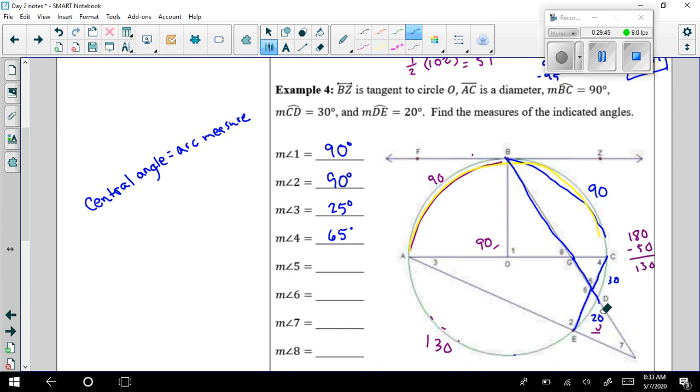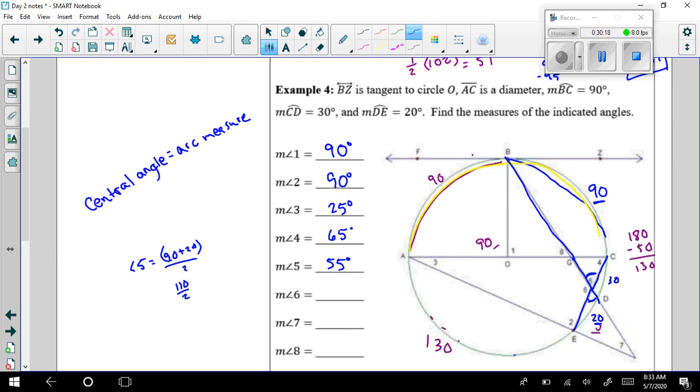And so remember, if it's inside, you take this one plus this one and divide it by 2. So for angle 5, that's going to equal 90 plus 20 divided by 2, or put the 1/2 out in front of it. So we have 110 divided by 2 is 55 degrees.